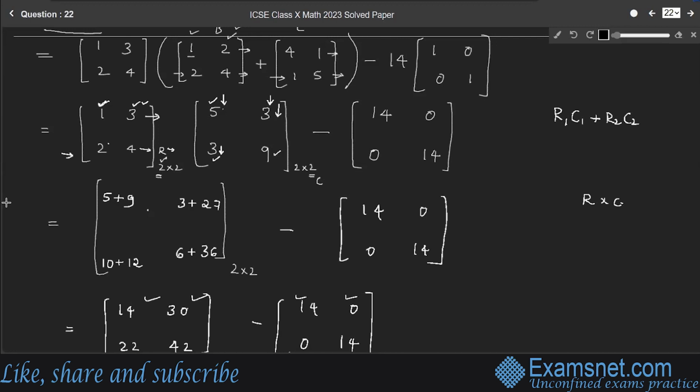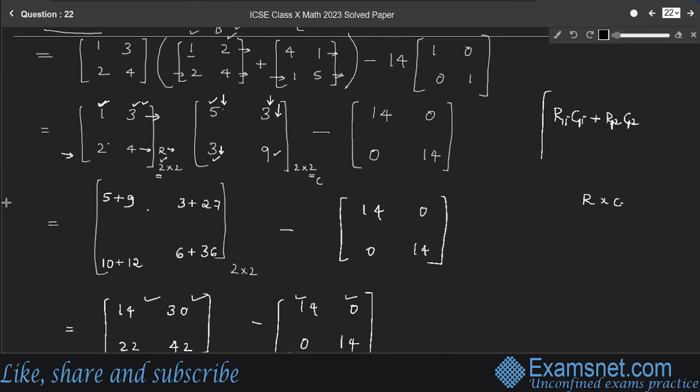If it is a 2 by 2 matrix, consider R11, the first element of row 1, and C11, the first element of column 1, then R12, the second element of row 1, and C21.